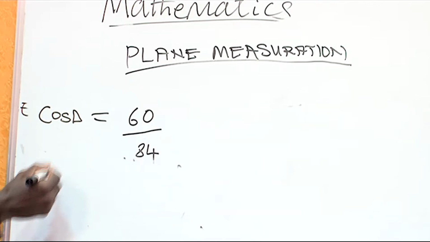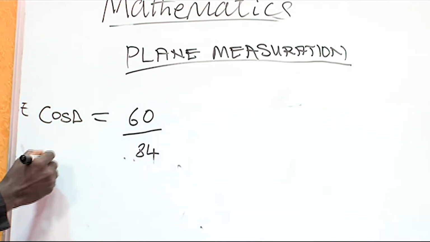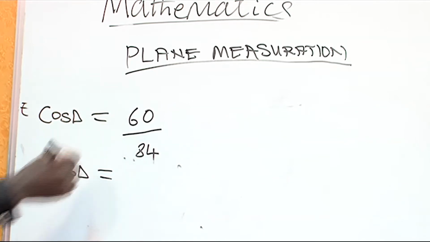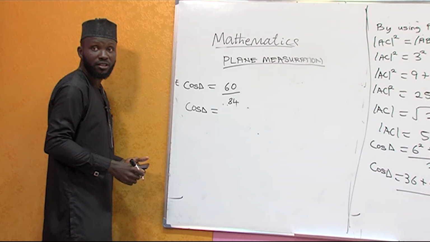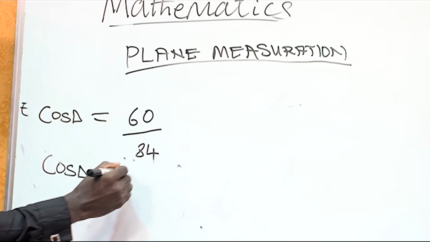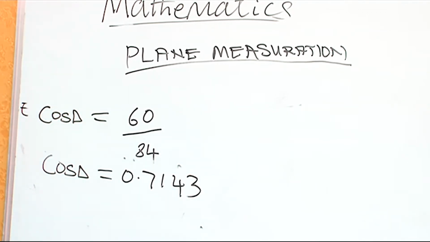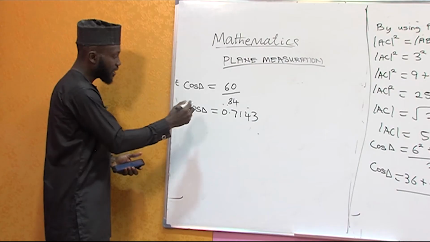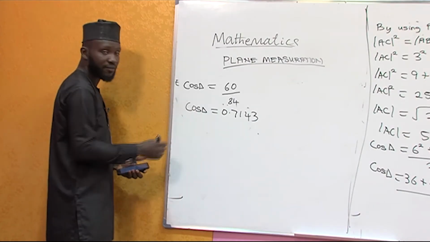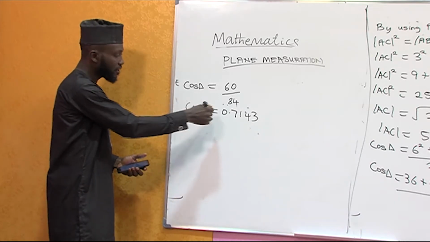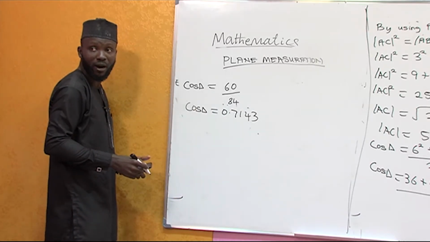Now, since we have cos D is equals to 60 over 84, the next thing that we need to do is to reduce this fraction. 60 divided by 84 is going to give me 0.7143. Then, since I'm looking for the angle D, all I just need to do is to look for the arc cos of 0.7143.